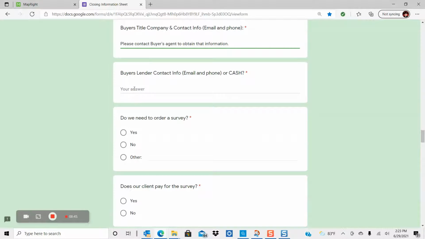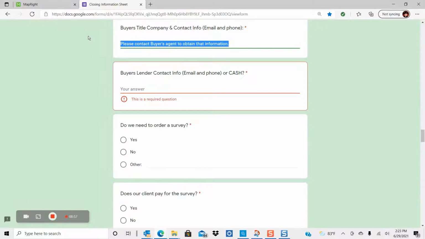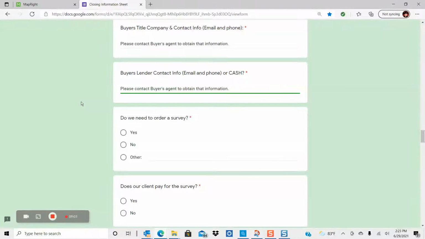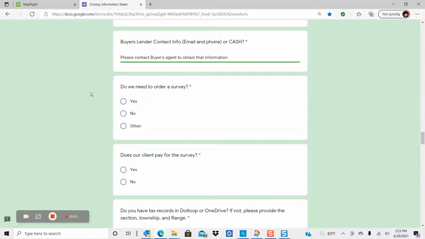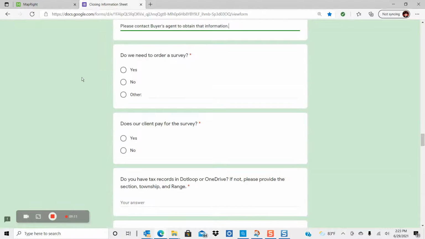Also, if we don't represent the buyer, we're not going to have that lender information unless we have a letter of pre-approval. So you're going to want to tell them to contact the buyer's agent to obtain the information. That way they know to be asking for that as well, because when the closers are making those phone calls, they're asking those questions, and this just reminds them, hey, don't forget to ask about that.